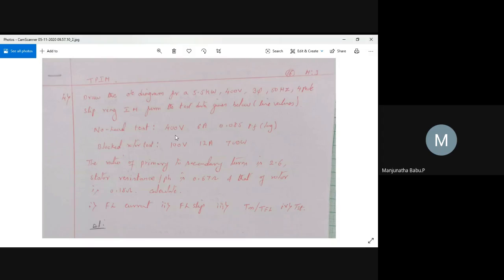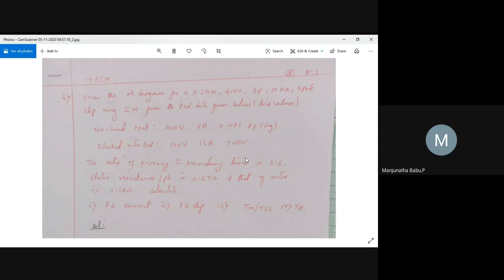No load test: 400 volts, no load current 6 amps, no load power factor 0.085 lagging. Blocked rotor test: VSC is 100 volts, ISC is 12 amps, WSC is 700 watts. The ratio of primary to secondary turns, K, is 2.6.